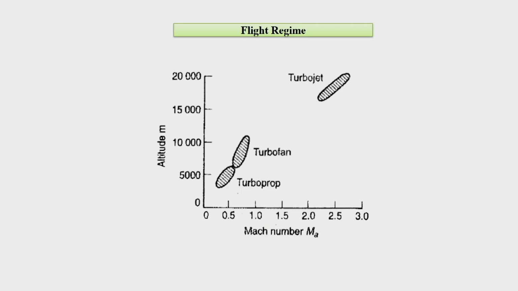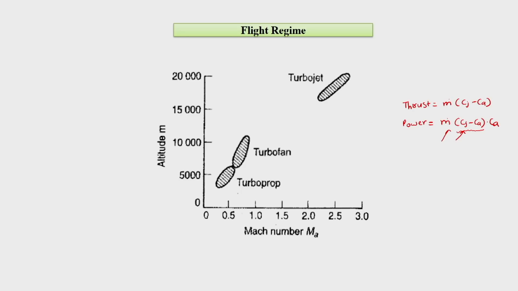As we have seen, there is thrust, which is m dot into Cj minus Ca, and then there is power, which is m dot into Cj minus Ca, into Ca. To increase the thrust, either we can keep on increasing Cj for a given m dot, or for a given Cj minus Ca we can increase m dot.